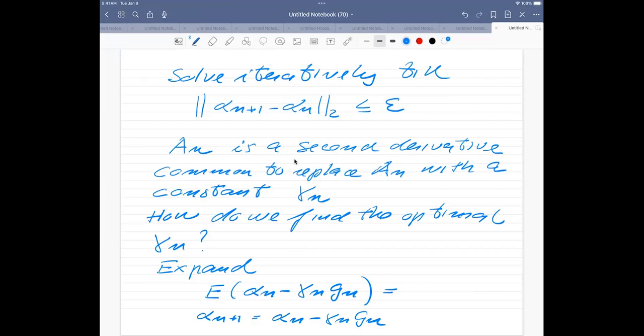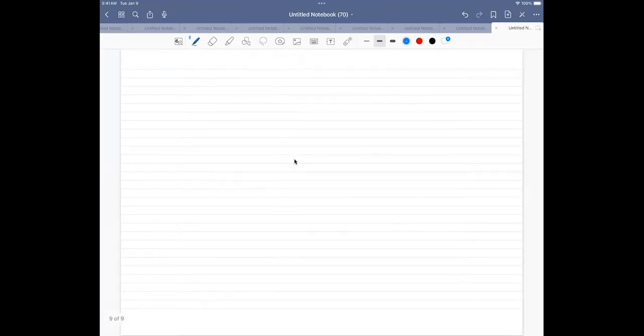and then we can obtain an expression in terms of this gamma. So we will get an energy calculated at alpha of n, minus gamma of n times g of n transpose times g of n. And then, if we set up a Taylor expansion, we get plus 1/2 gamma n squared, times g of n transpose times this matrix A of n, which is the second derivative, times g of n.